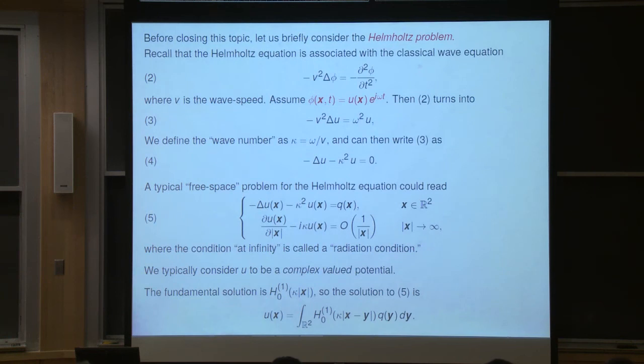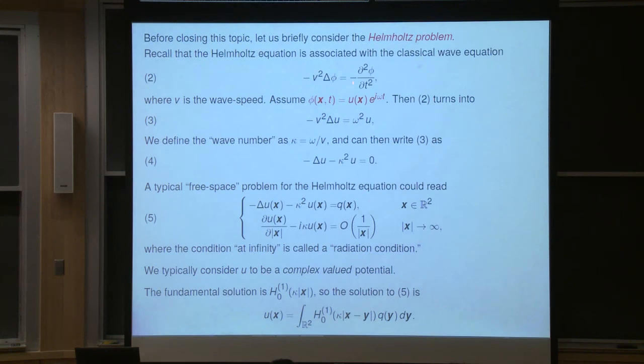All right, so let's discuss Helmholtz for just a few moments before closing this lecture. So first, just to review, or really just to introduce my notation. We start with where the Helmholtz equation comes from. It typically comes from some sort of wave equation like this. V is the wave speed. Then you assume that the time dependence is harmonic.